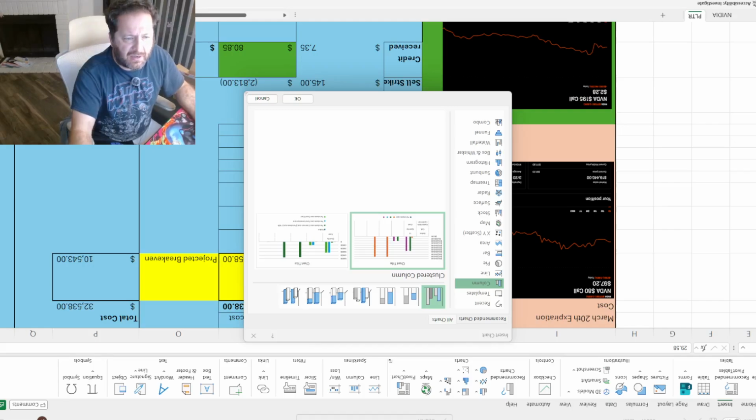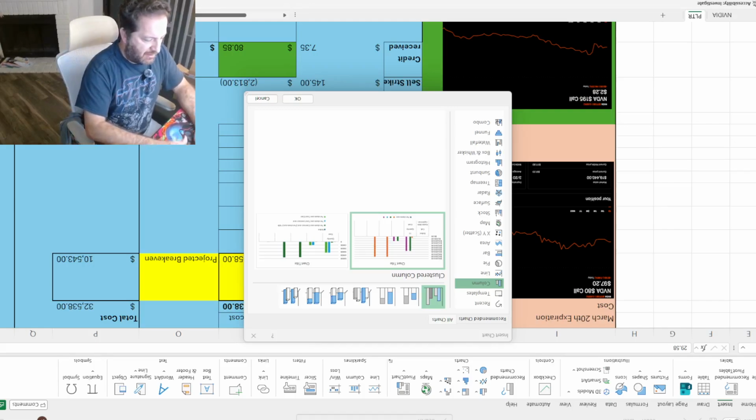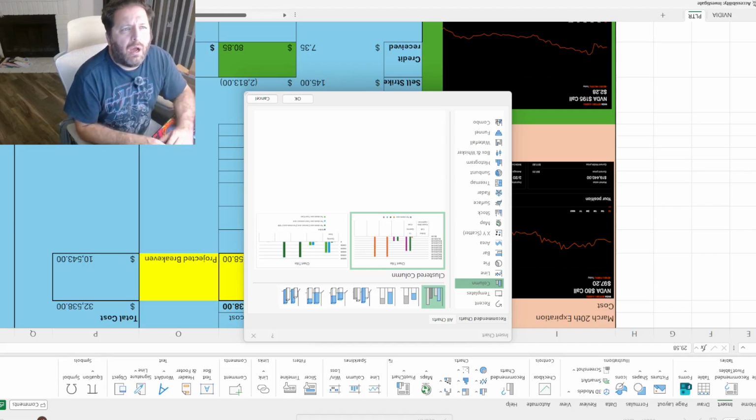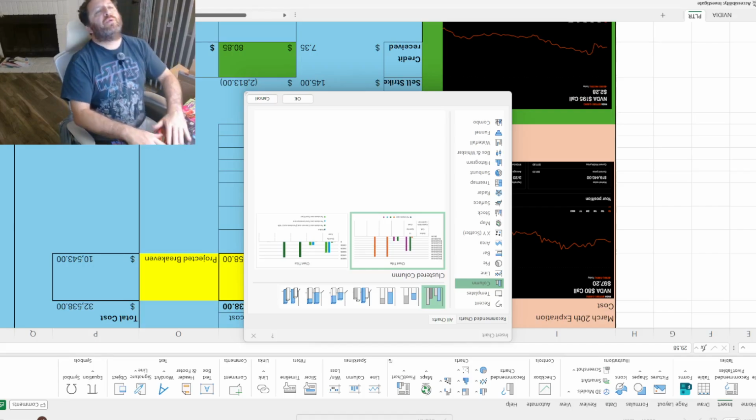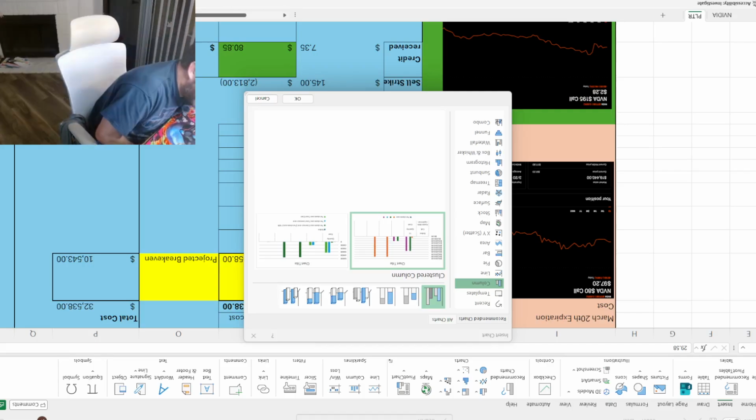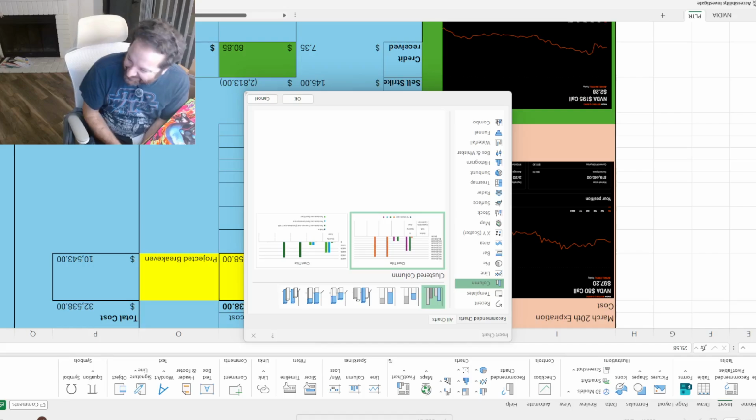It's right there. Compare time, money. Opportunity cost. That's exactly what it's called.